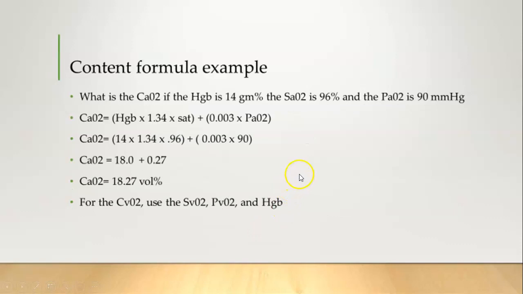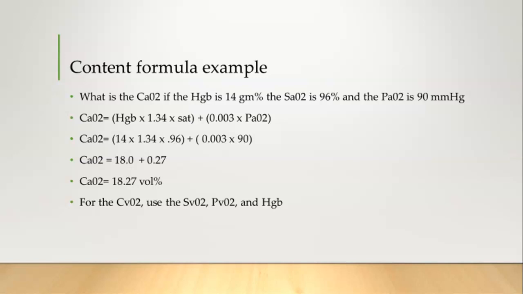So let's take a look at how this formula would play out. If we had a hemoglobin of 14 with a saturation of 96% and a PaO2 of 90, then we would take that hemoglobin of 14 times our 1.34 times the saturation, which is 96%, and then add that to 0.003. So we took our 0.3% and we turned it into a decimal.